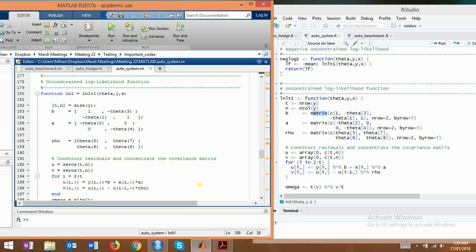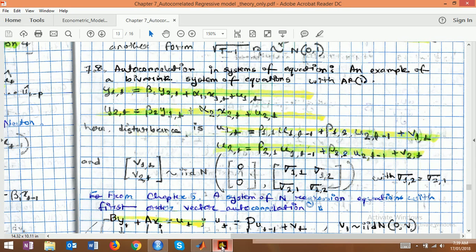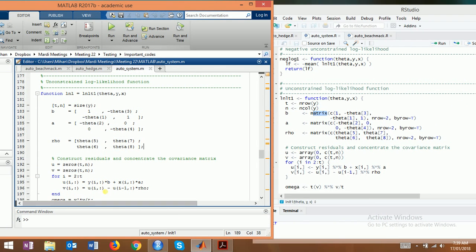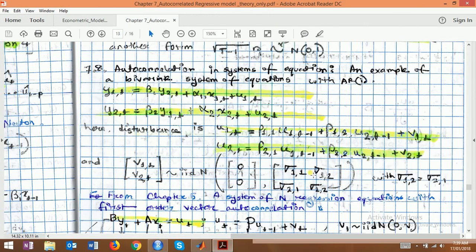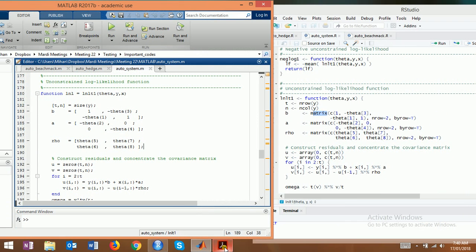Okay, fine. Then the rhos are simply positive. So rho: theta 5, theta 6. So rho 11, rho 12, rho 21, rho 22. So theta 5 is rho 11, rho 21 is theta 6, rho 12, rho 22, theta 7, theta 8.